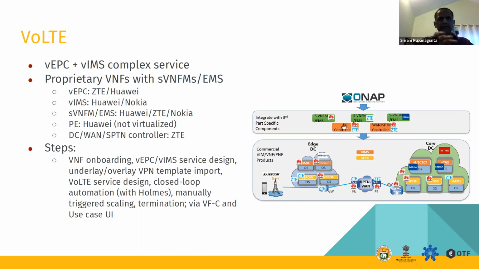And by the way, all the vendors that you see here, ZTE, Huawei, Nokia, all of them have done the integration with ONAP already, right? So these blueprints are pretty much ready to use. So you can just take all the models that are created and start using them, assuming you have the license to use the proprietary components.